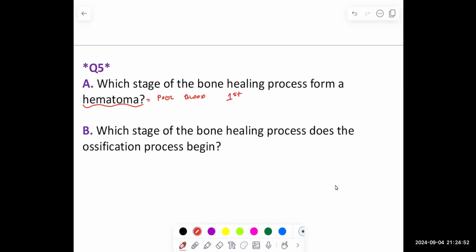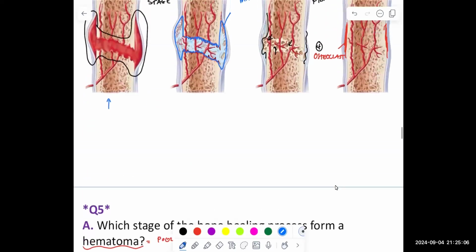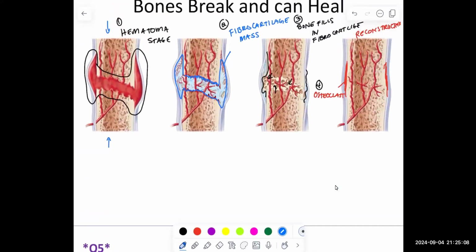During the bone healing process, when does ossification begin? Well, stage 3 is when the bone mass is complete. So stage 2, you can see some bone forming in the fibrocartilage.